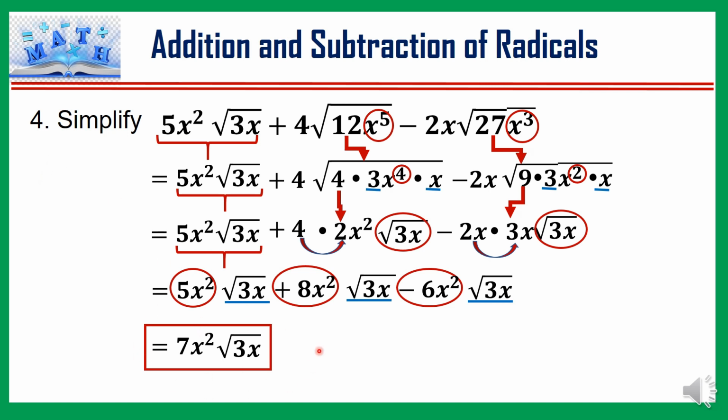Kasi ito na yung pinaka-simplified form ng ating radical expression. Okay? So, again, step by step lang po ang ating gagawin para hindi po tayo malito. At the same time, makuha natin yung ating correct final answer.